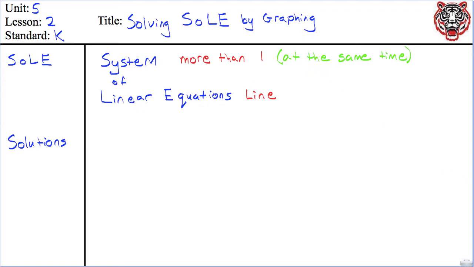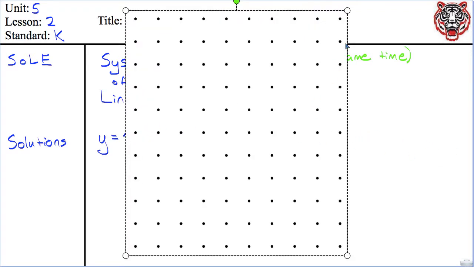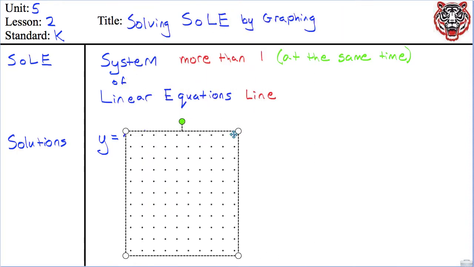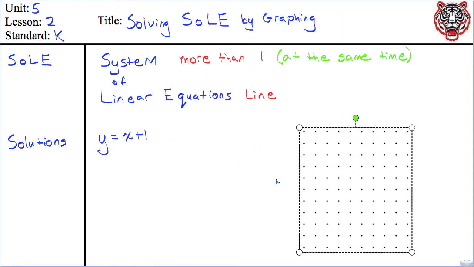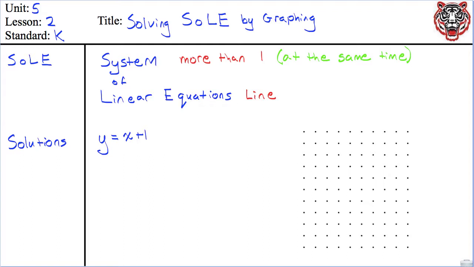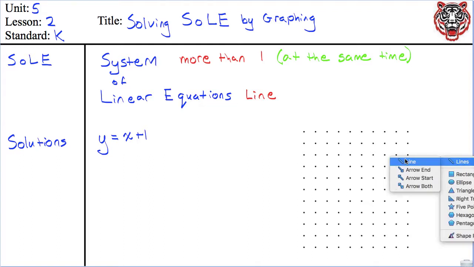Okay, so when I say a solution, I need to know what I mean. So if I look at y equals x plus 1, we can graph this really quickly. Let me get some dot paper. Y equals x plus 1.